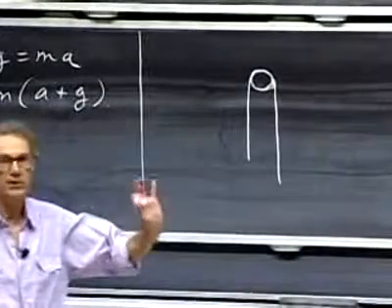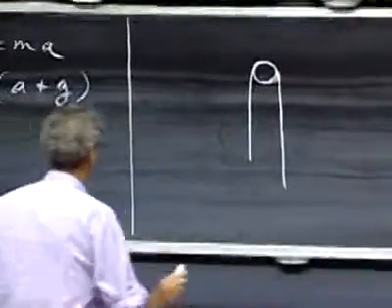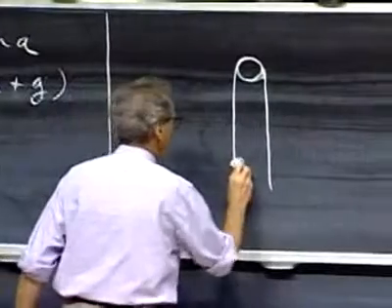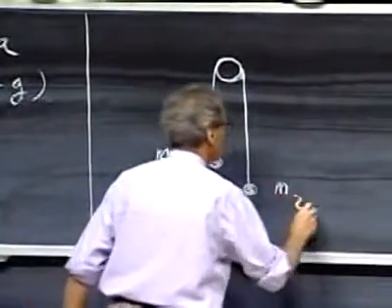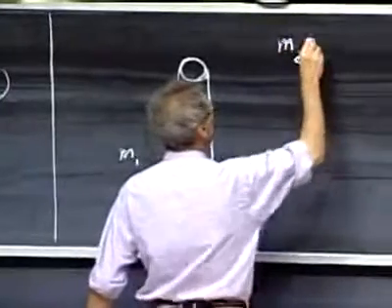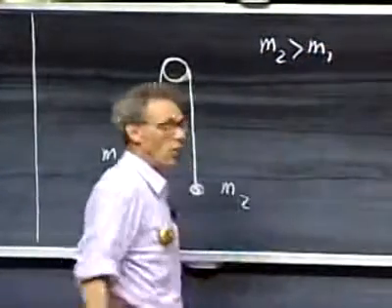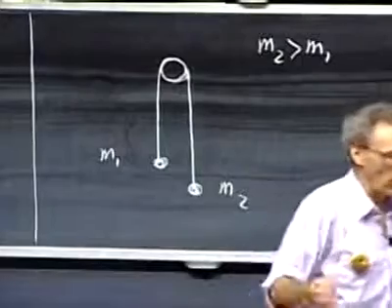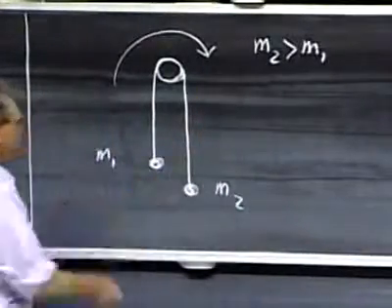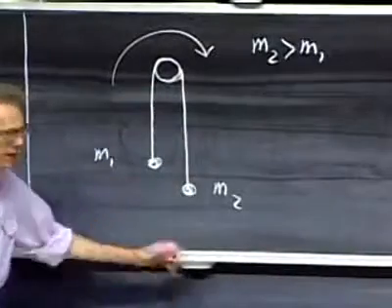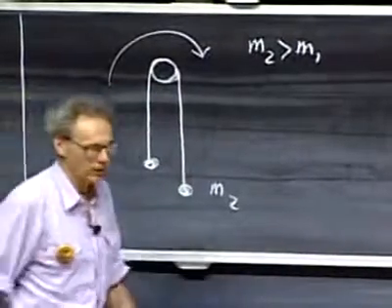Now just assume that it is massless. And there is here an object m1, and there is here an object m2, and I'm telling you that m2 is larger than m1. So we all know what's going to happen. The system is going to accelerate in this direction. m2 will be accelerated down, and m1 will be accelerated up.